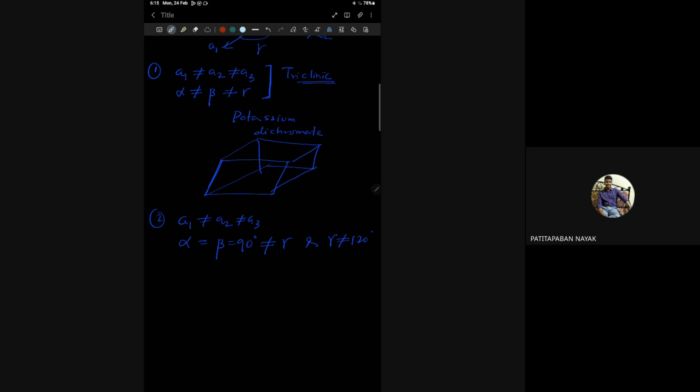The first one is completely arbitrary: a1 not equal to a2 not equal to a3, alpha not equal to beta not equal to gamma. Here a1 not equal to a2 not equal to a3, fine, but two of the angles are equal. Alpha equal to beta, which is equal to 90 degrees, but not equal to the third angle gamma, and gamma is not equal to 120 degrees. And this is called orthorhombic.